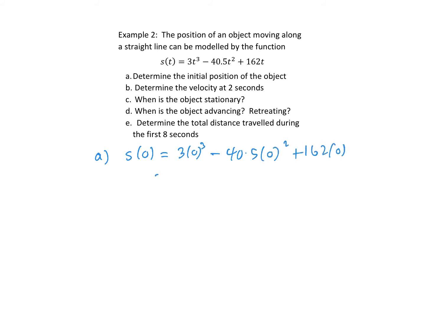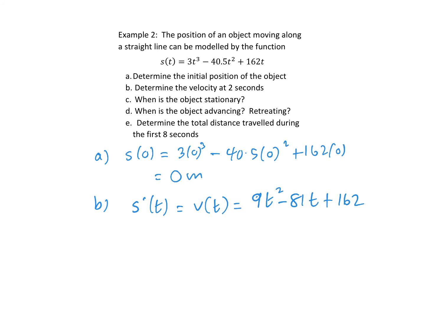And that would work out to be 0 meters. Secondly, it wants us to determine the velocity at 2 seconds. So in order to do the velocity, we need to find the derivative of the displacement. So s prime of t, which we can say is the velocity. And so it will be 9t squared minus 81t plus 162.